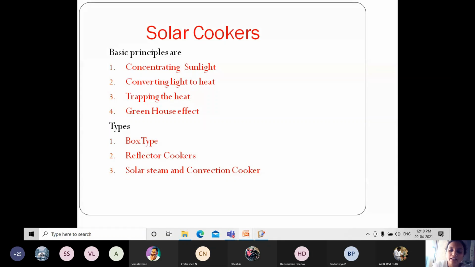They are always heavy and bulky, complex in construction, and very expensive. This is what we have on solar steam and convection cookers and the types of solar cookers.